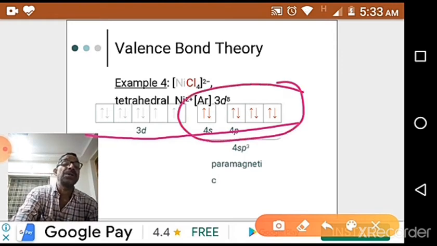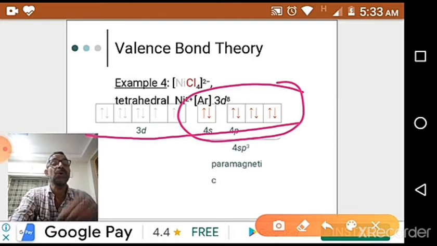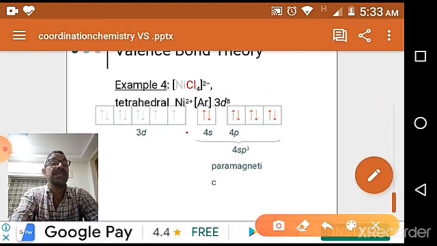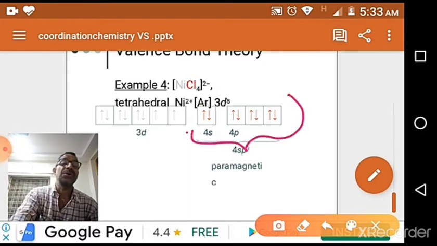So it has to bond with 4 chloride ligands. From the complex, we understand that nickel has to provide 4 vacant orbitals. So 1 s orbital and 3 p orbitals mix, and due to this mixing we get 4 sp3 orbitals.